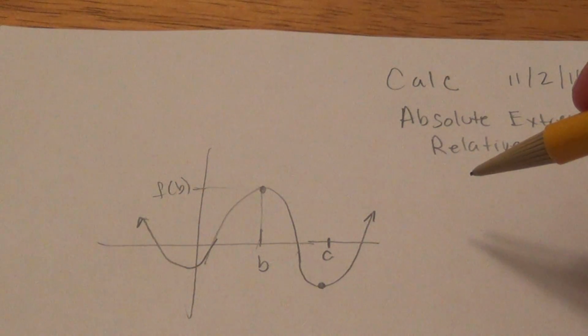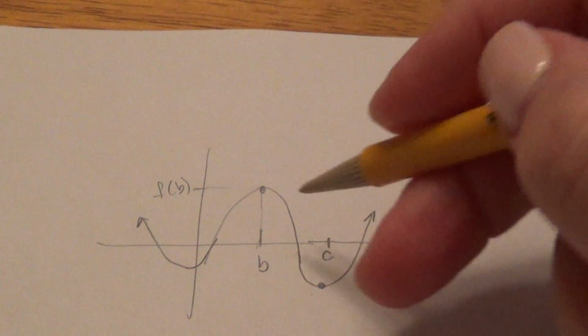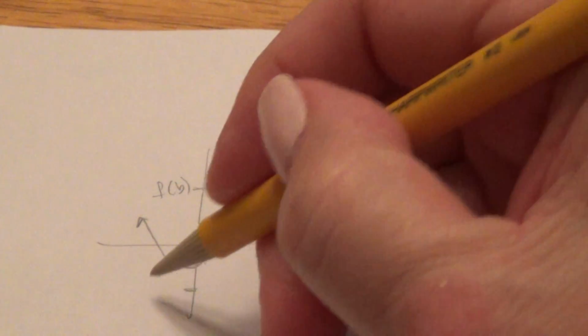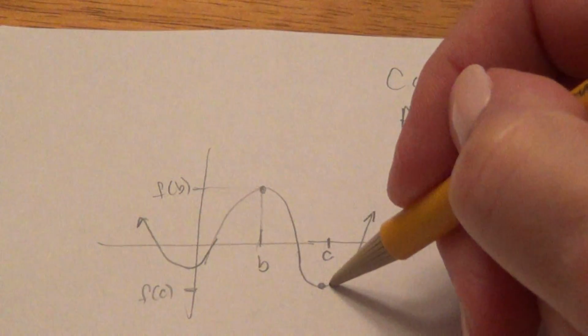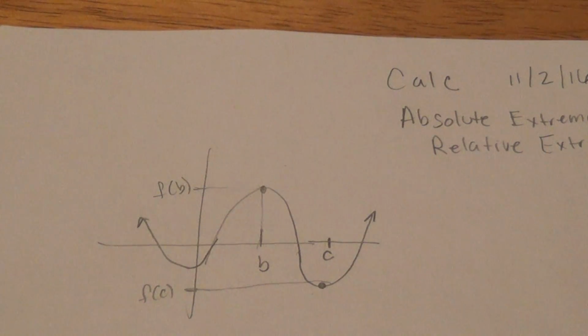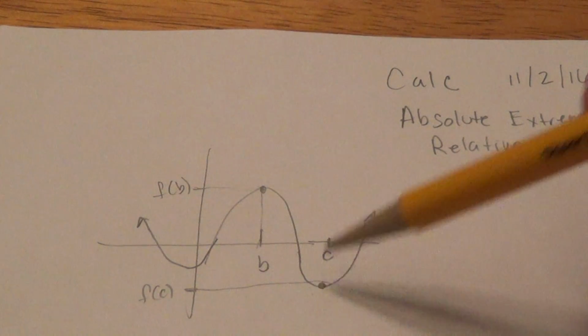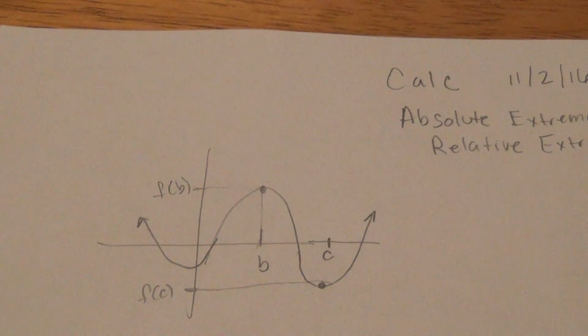If a function has an absolute minimum at x equals c, then f of c is the smallest value that f can obtain. So we're talking about the absolute max and the absolute min, and it's just sort of intuitive, but we like to define our things very clearly in math.